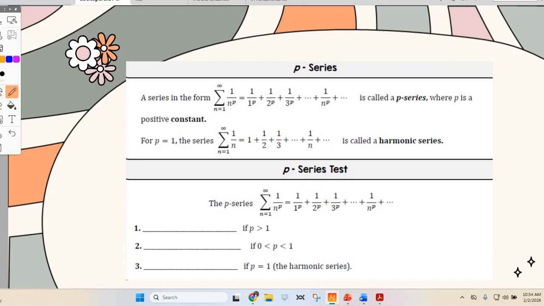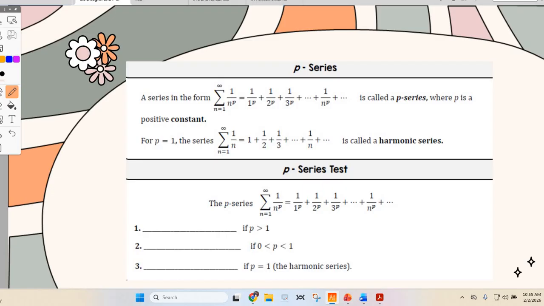The only difference is that with our geometric, your variable is in the exponent, versus here, our variable is going to be in the base.